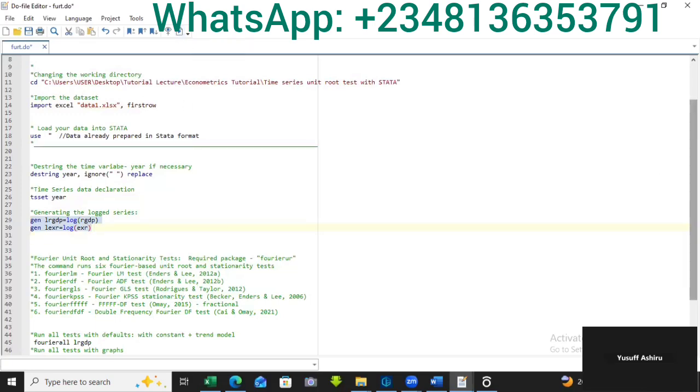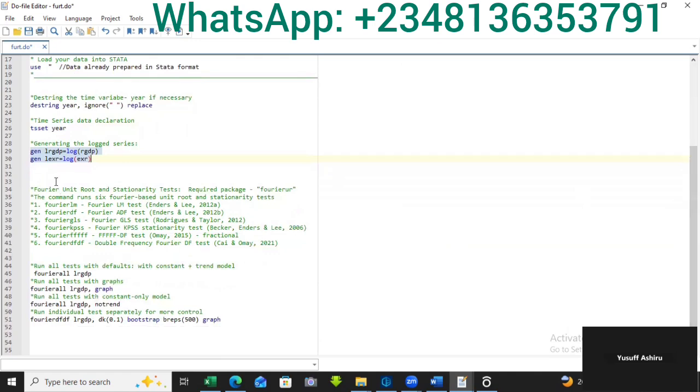These are the available tests in Stata on Fourier unit root test. We have Fourier LM test, Fourier ADF test, Fourier GLS test, Fourier KPSS test.